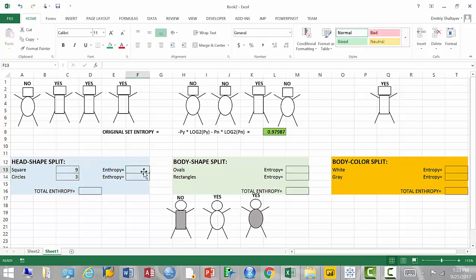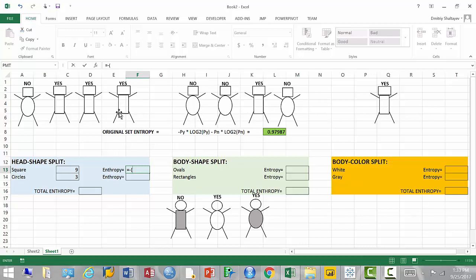Okay. So let's calculate the entropy of the squares by themselves. I'm going to use the same formula. I'm going to say equals minus sign. In the square heads, let's start with no's.